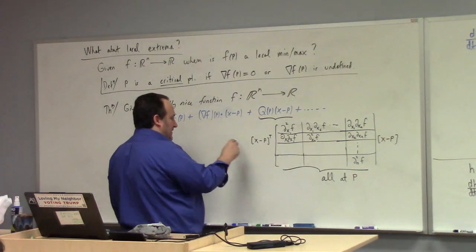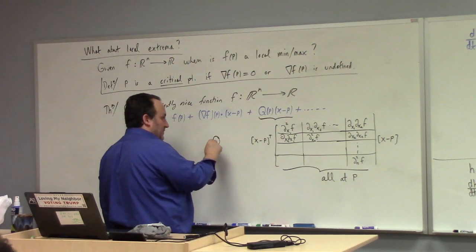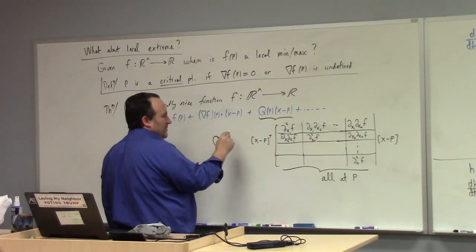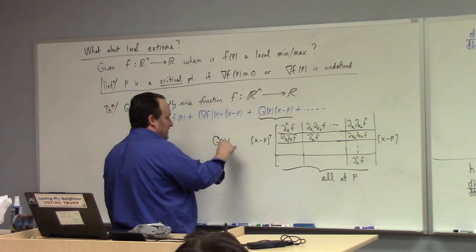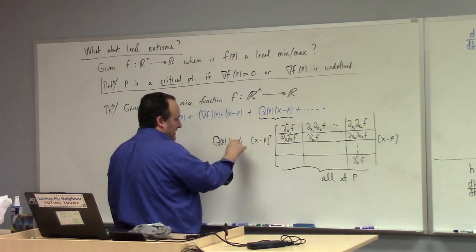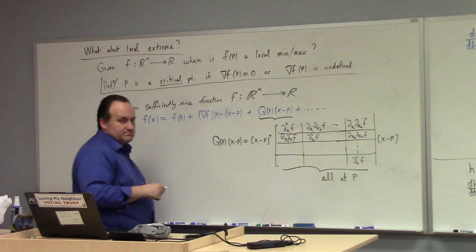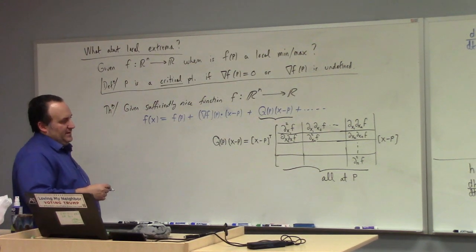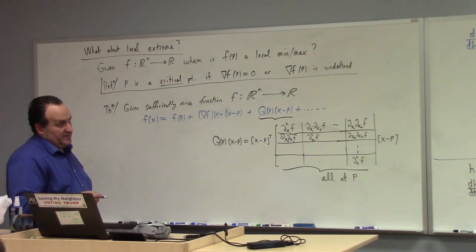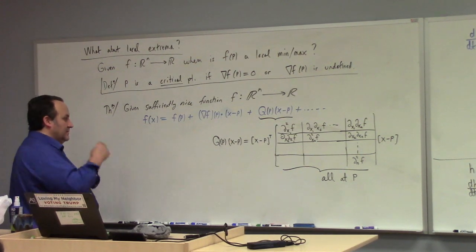This is what's called a quadratic form, the quadratic form at p. So this quadratic form acting on x minus p is a better way to write it.